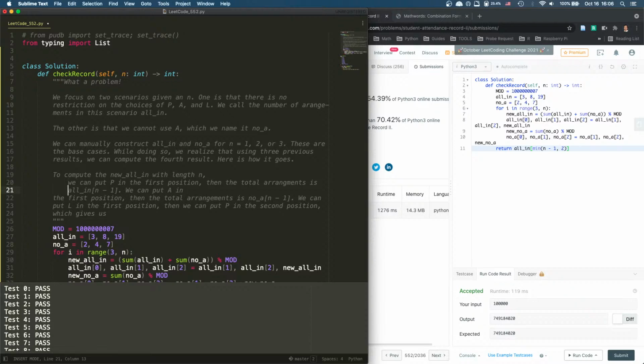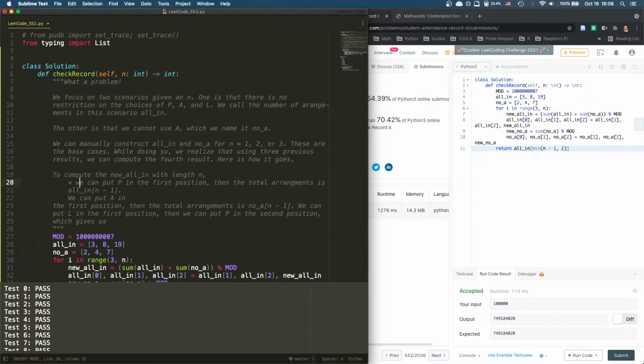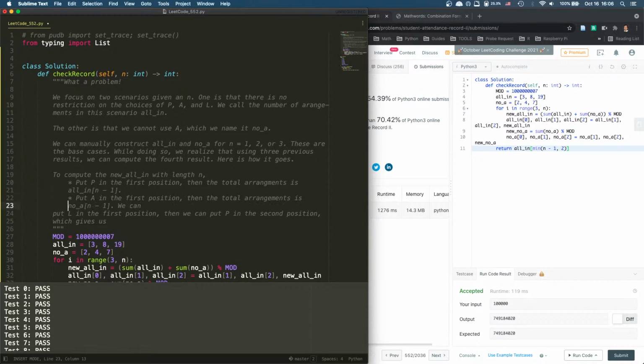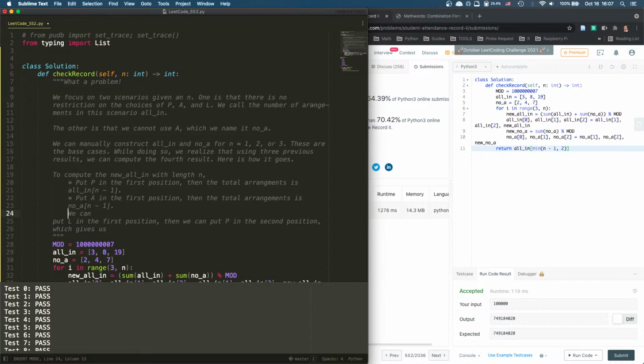Then put A in the second position, then the arrangement is this.